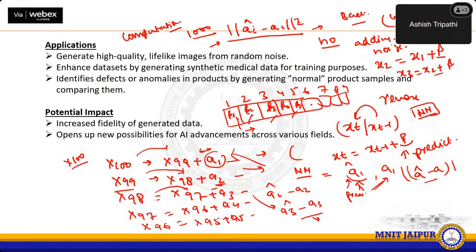Now, what are the applications of these diffusion-based models? Naturally, to generate realistic images from random noise. The applications of diffusion models are more or less similar to those of GAN models.